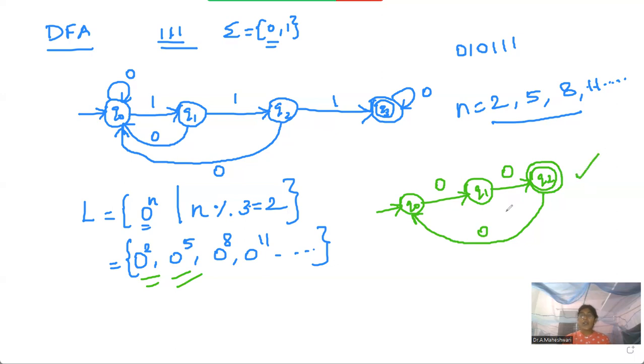Also check whether it's a DFA. Yes, it's a DFA. Q0 recognizes only one 0, Q1 also one 0, Q2 also one 0. Yes, it is a DFA. Clear? It's very simple. First, draw the diagram for your base value.